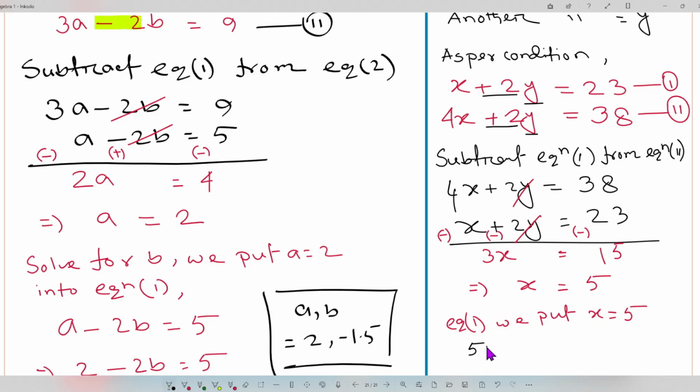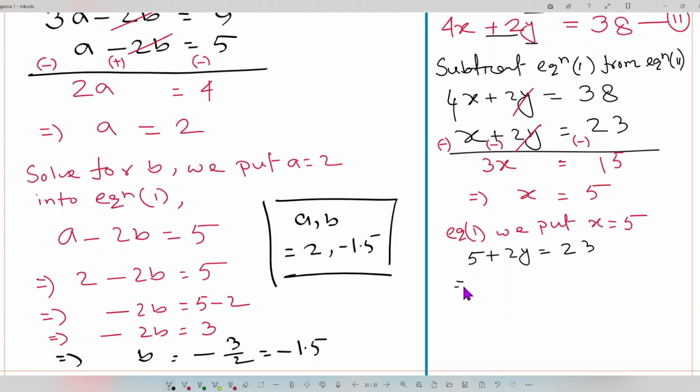So 5 plus 2y equals to 23. Okay, then 2y, 23 minus 5 is 18. Now we can divide both sides by 2, so y equals to 9. So this is our answer. So we get 5 and what? 9.